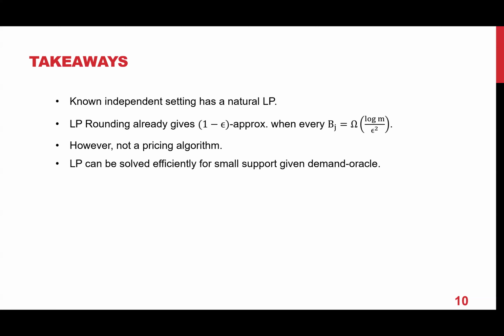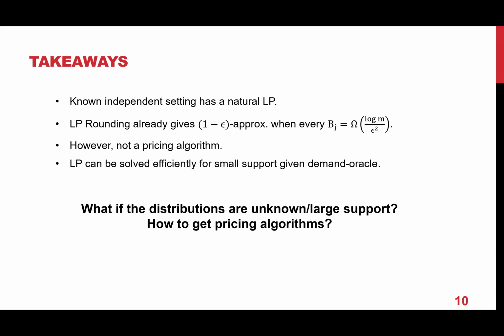It requires you to know the distribution to solve the LP. If I had known the distribution, you can solve the LP even efficiently, using something called a demand oracle, but let me skip that part. The main question is: what if the distributions are unknown, or how do we get a pricing based algorithm?